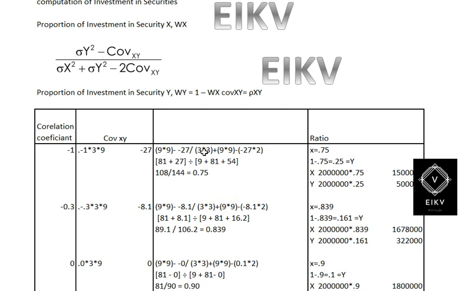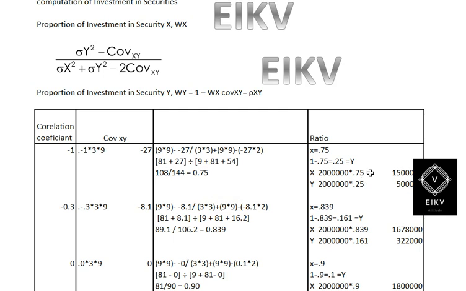So the formula would be 9 into 9 minus (-27), divided by 3 into 3 plus 9 into 9 minus (-27) into 2. Therefore the final figure would be 0.75, so X equals 0.75. Therefore Y would be 1 minus 0.75, which equals 0.25.